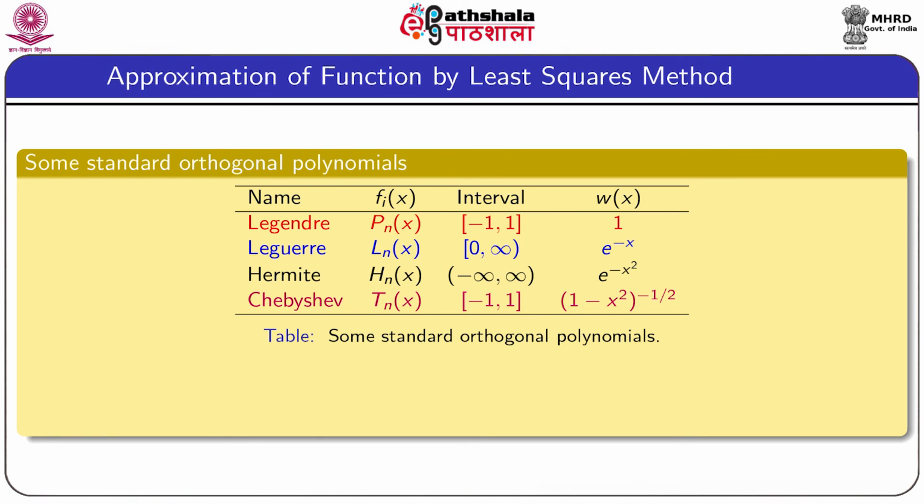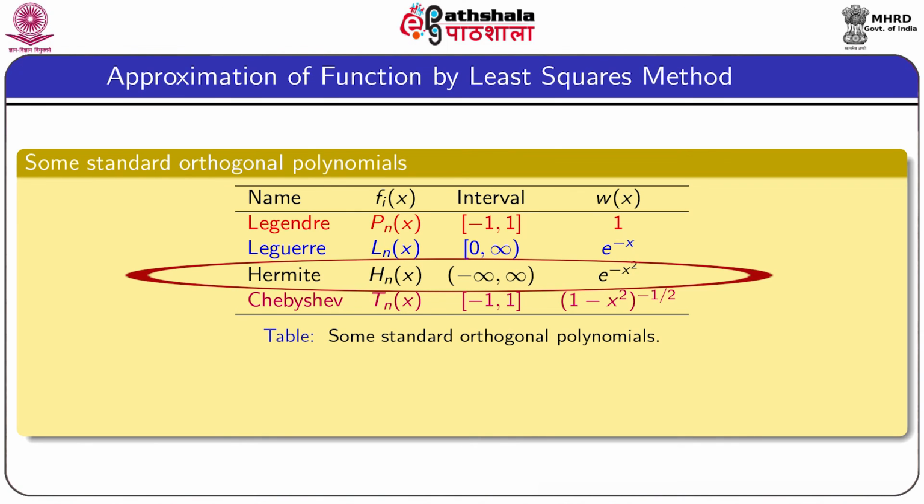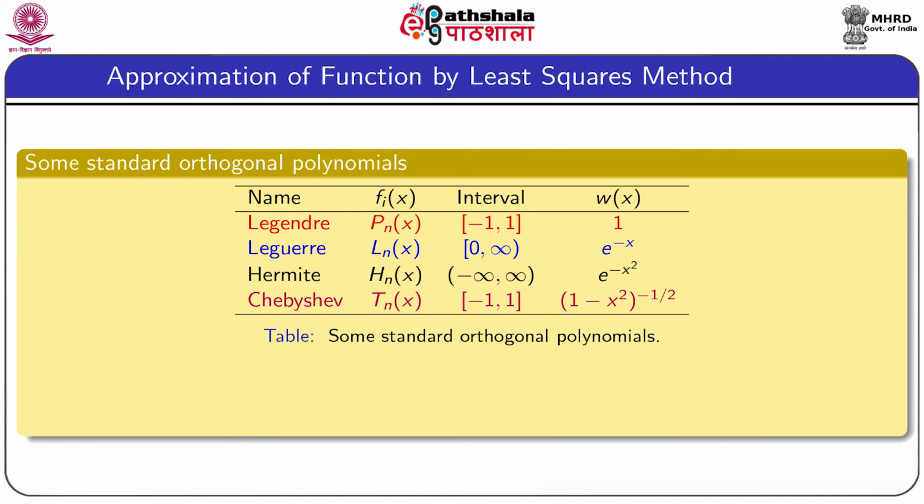Another standard orthogonal polynomial is the Hermite polynomial denoted by H_n(x), and it is defined over the whole real line, minus infinity to infinity, and the weight function for this orthogonal polynomial is e to the power minus x square.